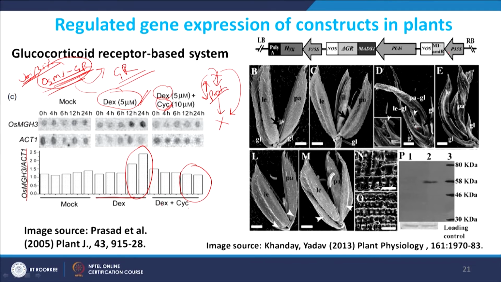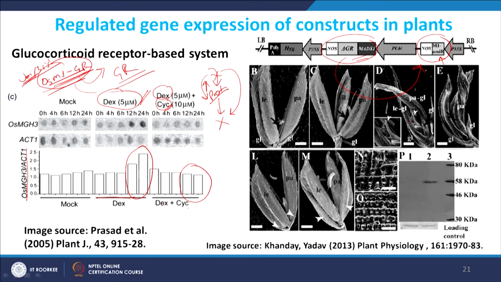It is very challenging, almost impossible, to go to the next generation. In that case, you can make a MATS1 delta GR fusion as well as an artificial microRNA. Normally this artificial microRNA will suppress the gene and you have the phenotype, but if you grow the plant in the presence of dexamethasone, this delta GR fusion will go to the nucleus and complement the phenotype.